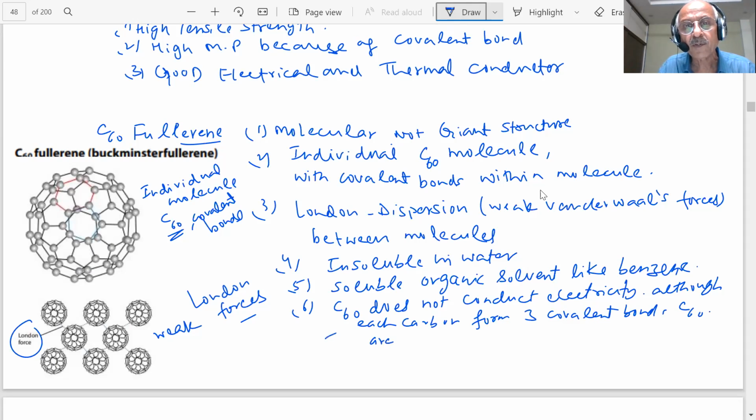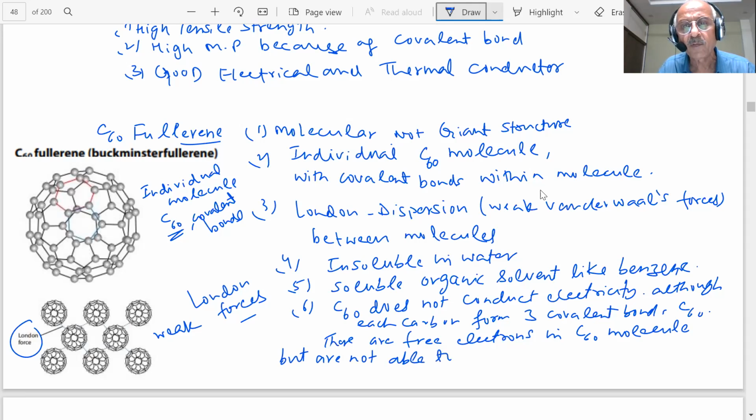There are free electrons, students. There are free electrons in the C60 molecule, but these free electrons are not able to move from one molecule to another molecule.